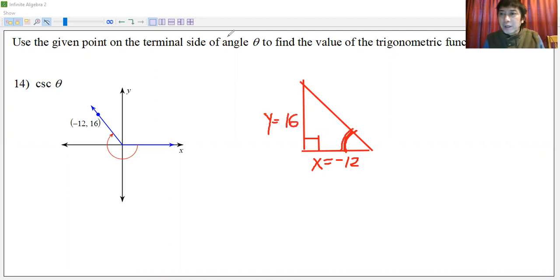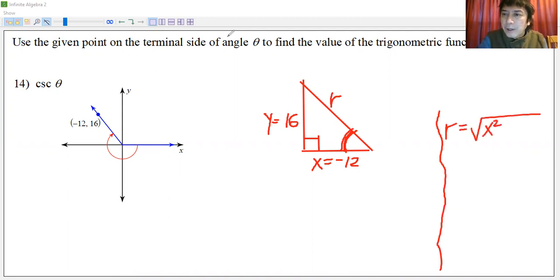Now for a cosecant, again, you'll be needing the hypotenuse r, and that will be computed again by the same formula, square root of x squared added to y squared. We can now use the x and y. This is negative 12 squared plus y squared, that'd be 16 squared.